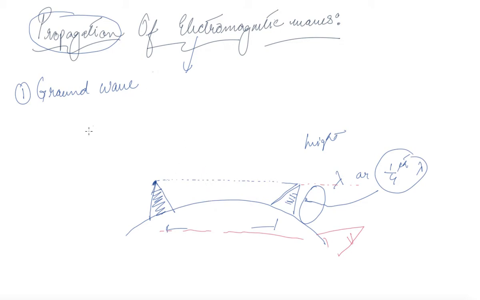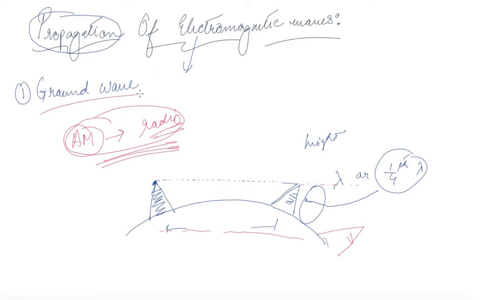And the best example is your AM, amplitude modulated wave, that is your radio waves, the radio which you listen to. This is amplitude modulation, and this type of propagation uses the ground wave way of transmitting the wave.